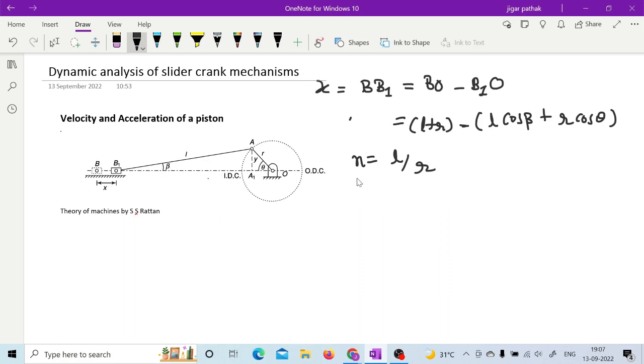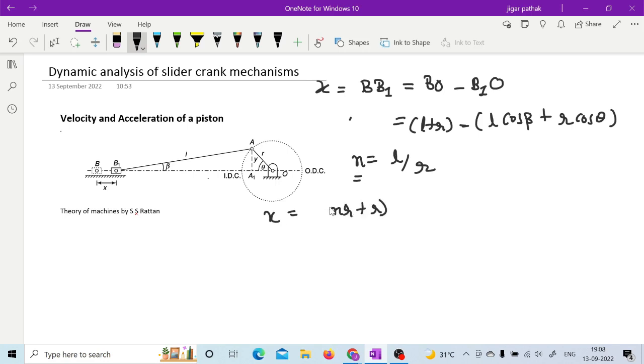So in that equation I defined N, or obliquity ratio, equal to L by R, where L is the length of connecting rod and R is the crank radius. Now you can rewrite the above equation by putting L equal to NR.